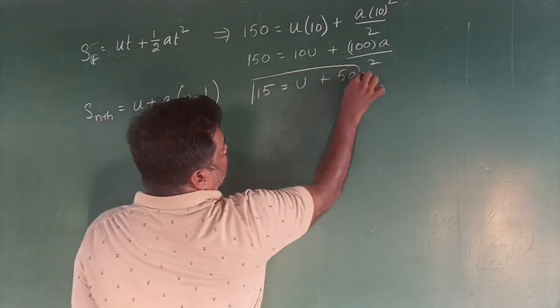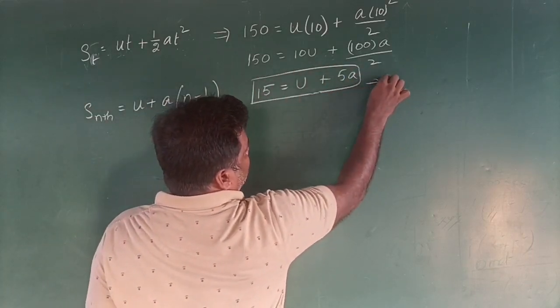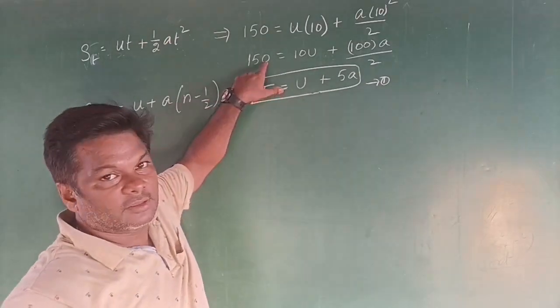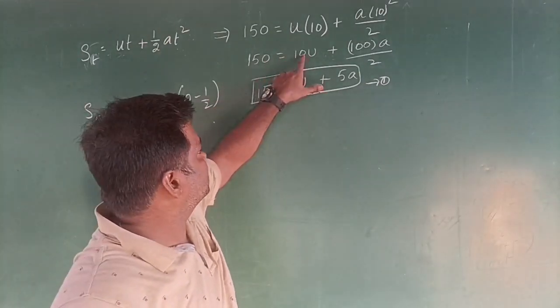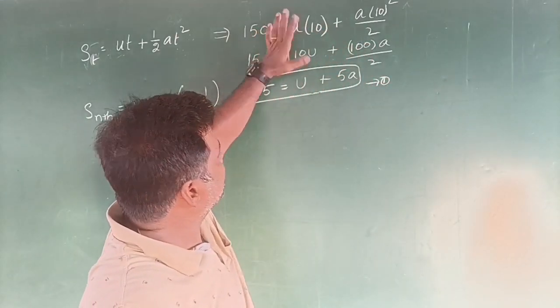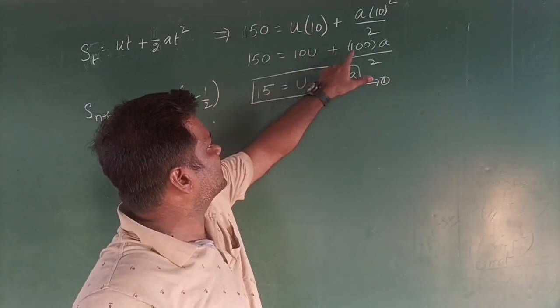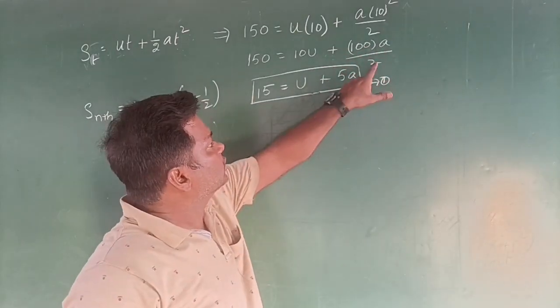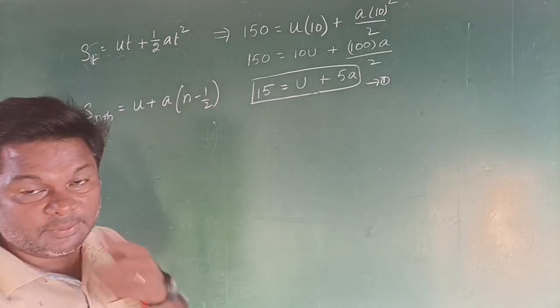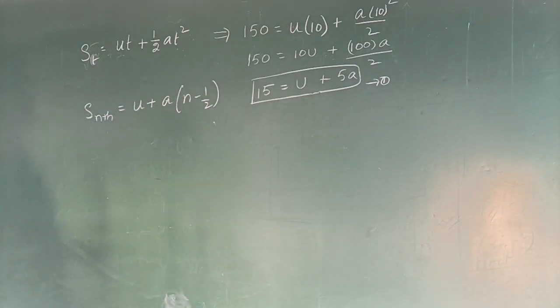This may be your equation 1. A small simplification here: this 0 cancels with this 0. You can take 10 as common and cancel. You will get u plus 10a by 2. 2 ones are 2, 2 fives are 10. The same thing you will get. A simple equation in mathematics.